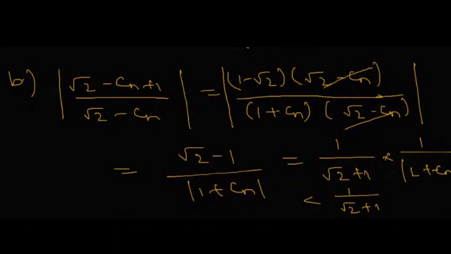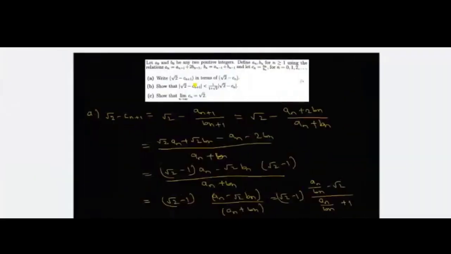Now in C, it is to show limit n tends to infinity cn is equal to root 2. So we begin here.